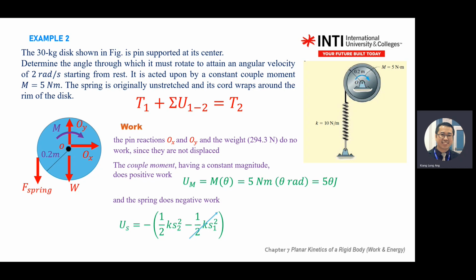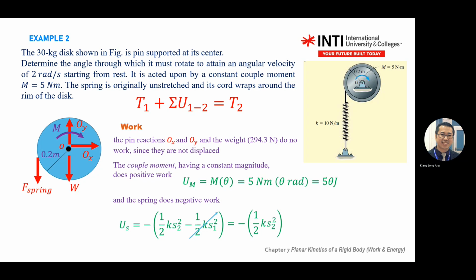But S1 does not move, so 0. This case is, again, a simplified case. I already showed you previously an example that is already stretched before start, the one with the slot. You remember? This example is a simplified example you won't see in the assessment. Okay, so you get another example.